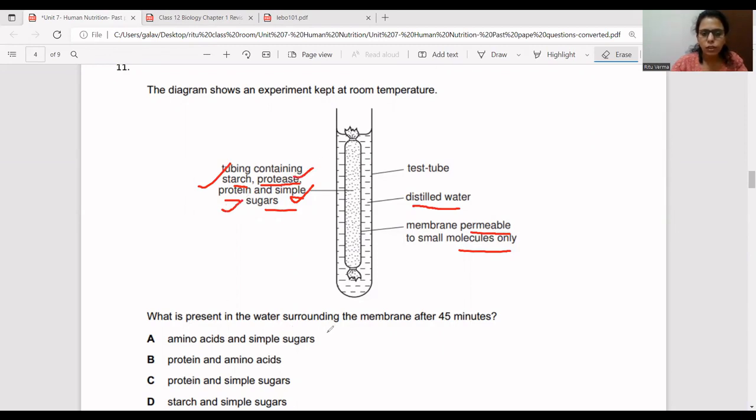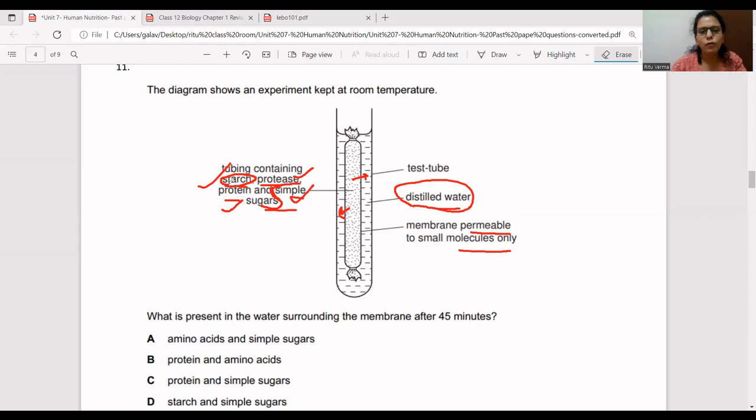Now what is present in the water surrounding the membrane after 45 minutes? After 45 minutes in distilled water, what substances will be present? Now we know that simple sugars are small molecules which can easily pass through the semi-permeable membrane. So obviously simple sugar will pass from this tube to the distilled water. Starch is a complex substance, a macromolecule. So obviously starch cannot cross the semi-permeable membrane.